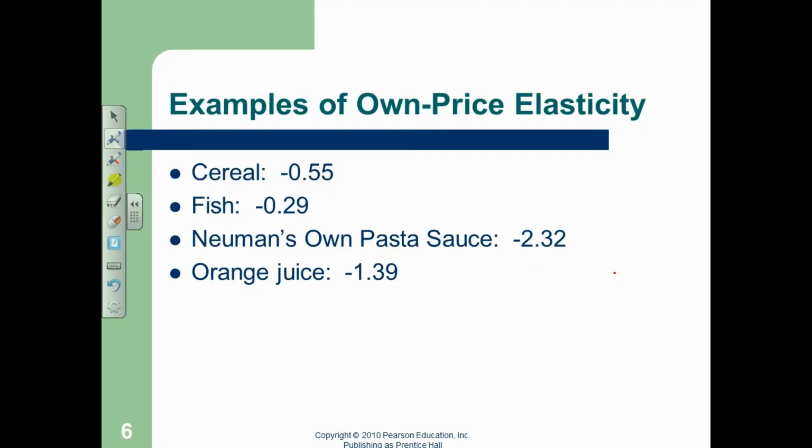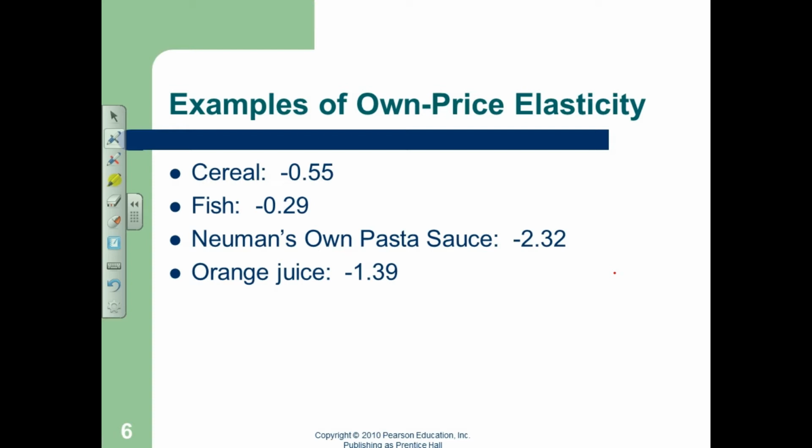Now here are some examples, real examples of the elasticity. Again, you will see, by the way, all of them are negative. The reason for all these elasticities to be negative is because demand is downward sloping.